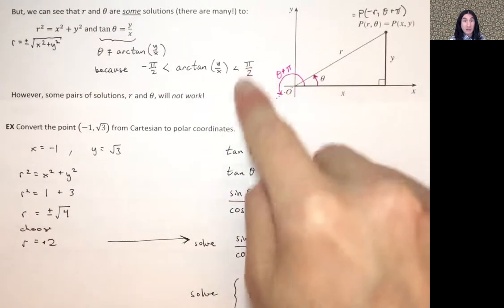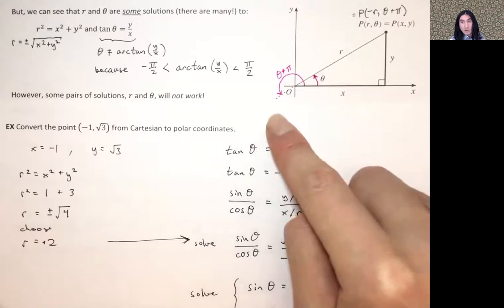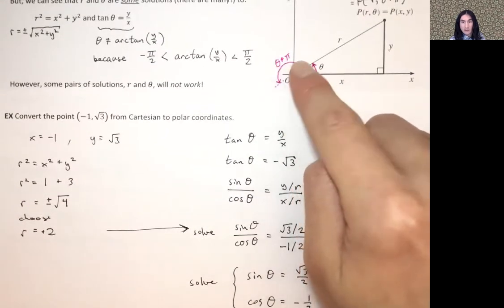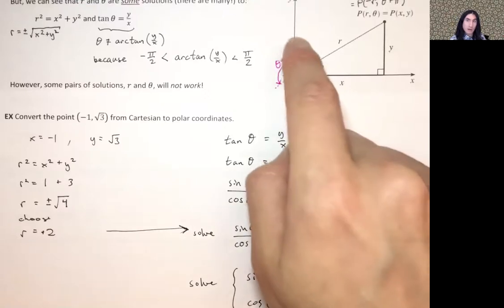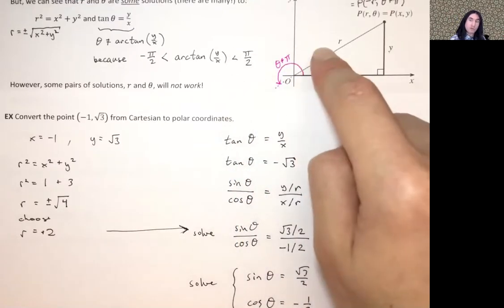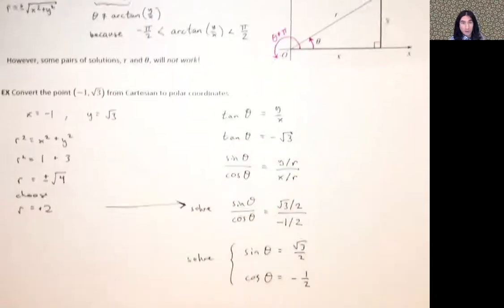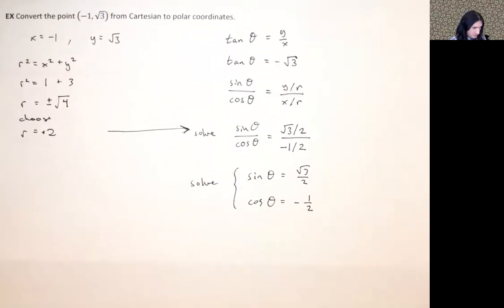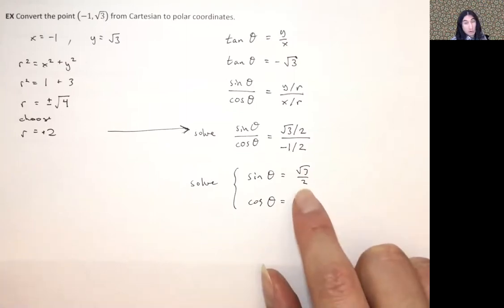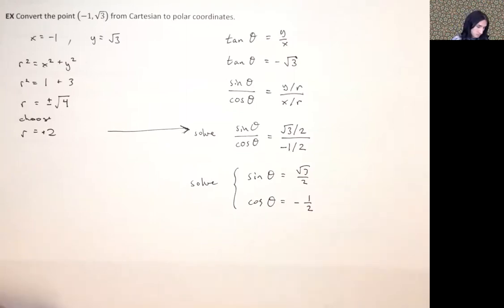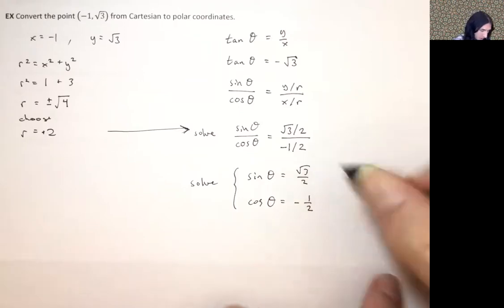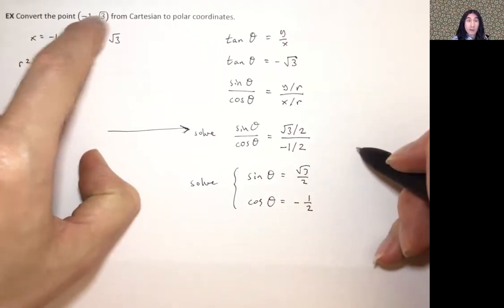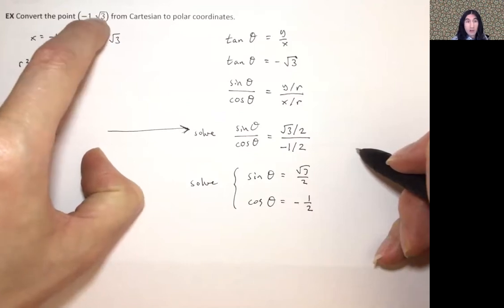Okay, and if we do it that way, then the only redundancy that we might get, since we're going to have many thetas that solve these equations, will be the redundancy not of this opposite kind, but of the kind that moves 2 pi around the unit circle. Okay, so I suggest you actually solve them this way. And remember what quadrant we're in. Let's see, x is -1, and it's a minus sign, and y is positive.